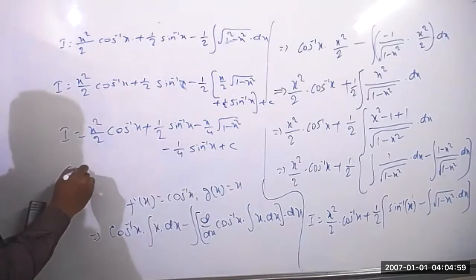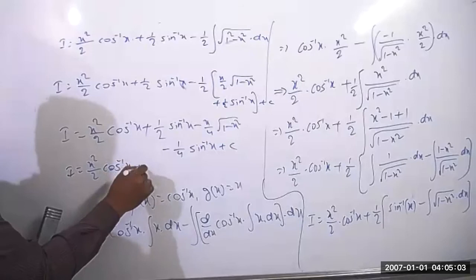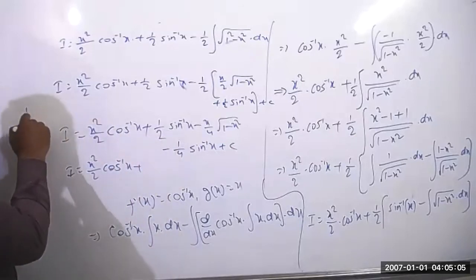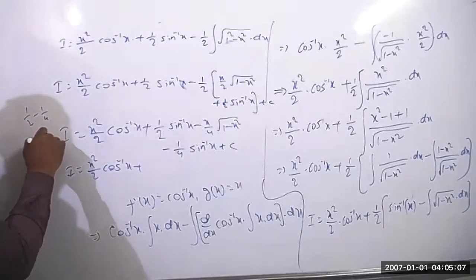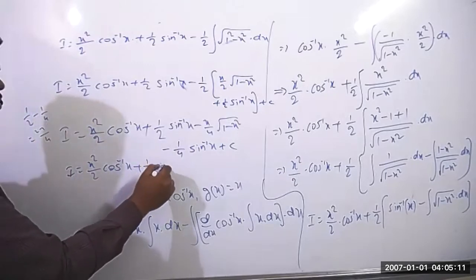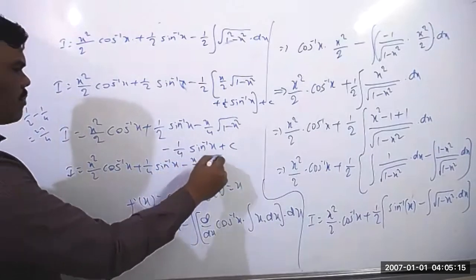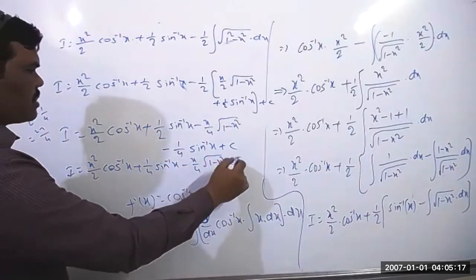So the value of I equal to x square by 2 into cos inverse of x plus. Here you can take 1 by 2 minus 1 by 4, LCM 4. So 2 minus 1, so 1 by 4. So 1 by 4 into sin inverse of x minus x by 4 into root of 1 minus x square plus c.